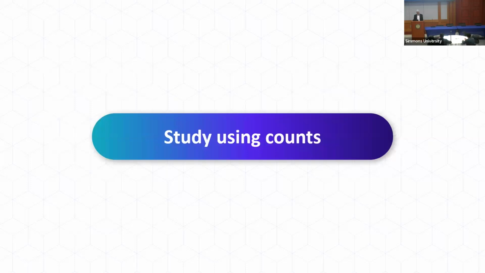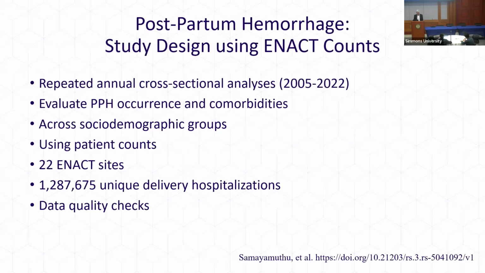So let me start out with one example where we just used the SHRINE tool to get patient counts to do the study. The study that we were interested in was looking at postpartum hemorrhage.